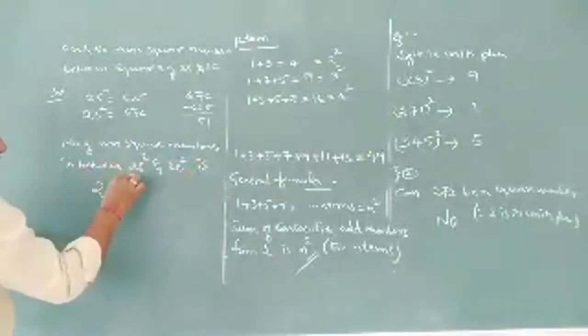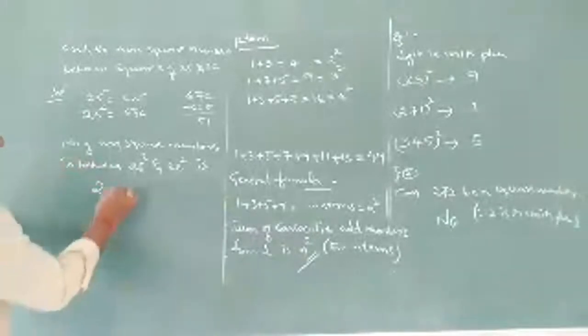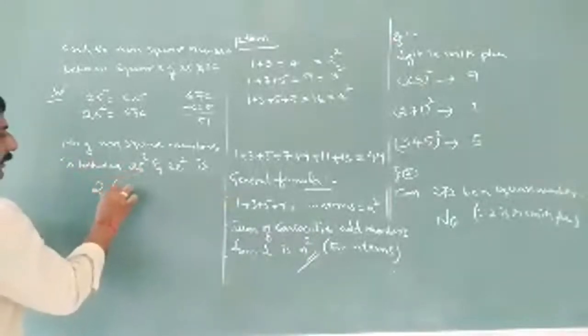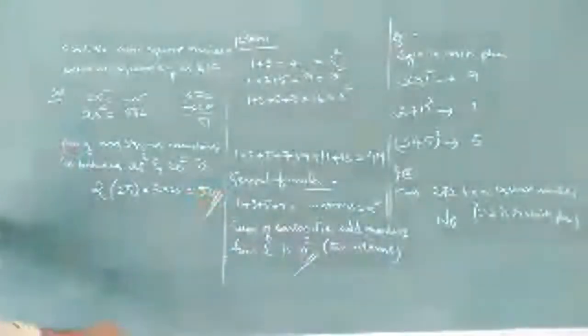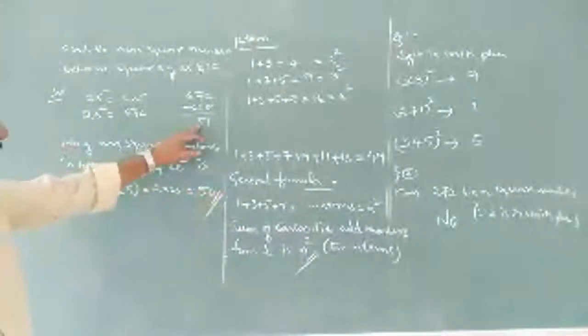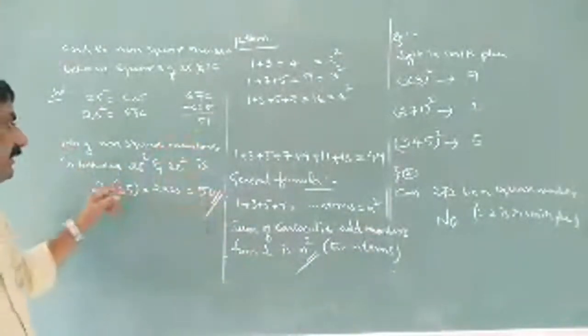This 25 is the base. Already we have discussed this base and power in the exponents and powers chapter. So what is the base? 25. So 2 into 25, nothing but how much is it going to be? So 50 numbers will be there. Leaving 1 here, automatically we'll get 50 non-square numbers in between 25 square and 26 square.